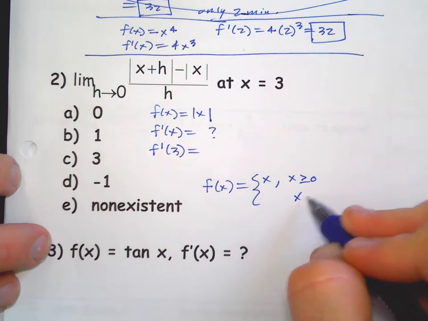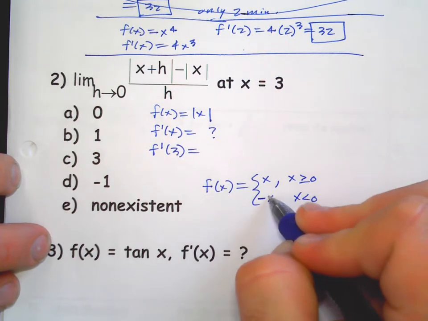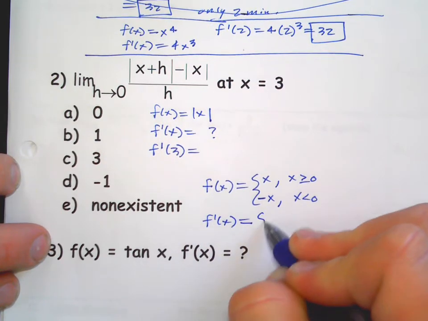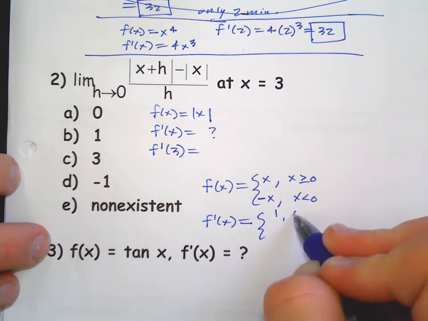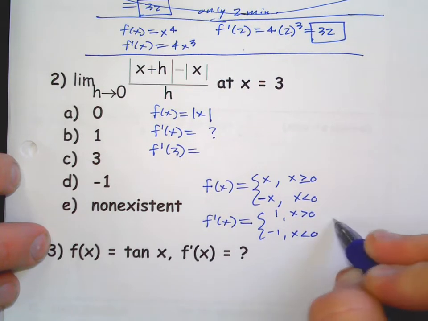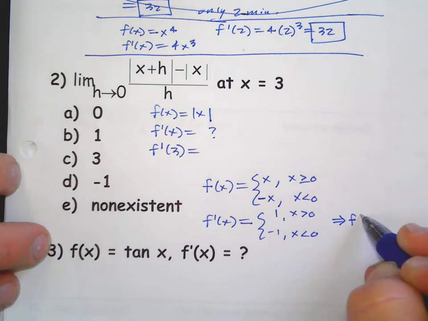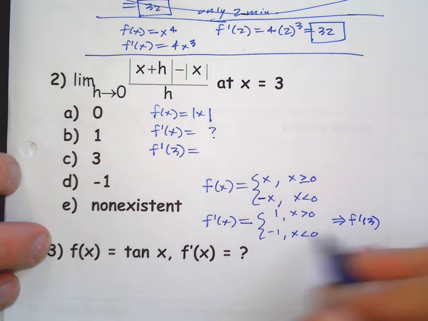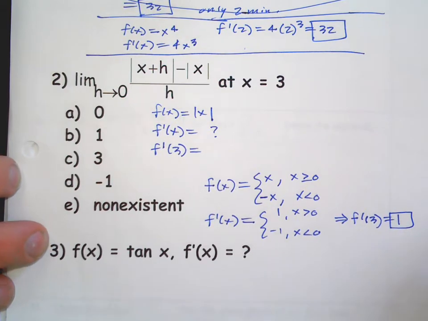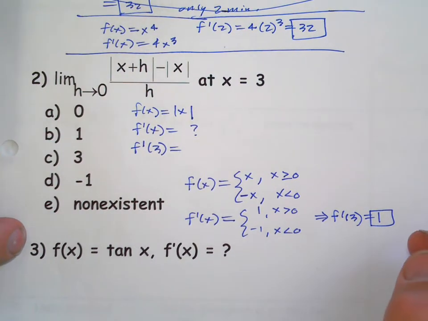When x is negative, you get the negative of x. So then you could take the piecewise derivative, and it would be 1 for x greater than 0 and negative 1 for x less than 0. So then you could plug 3 into this, and that's going to be 1. So you could do it like that, but I don't recommend that. I think that's harder than it has to be.